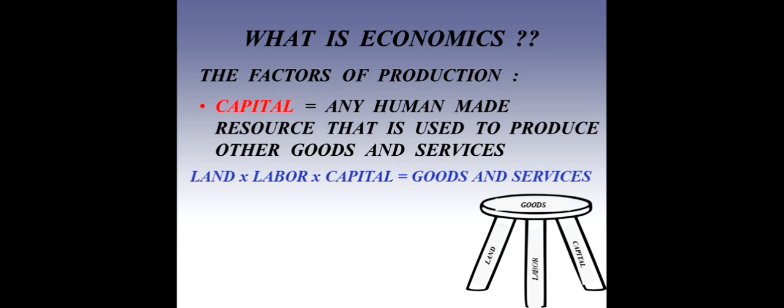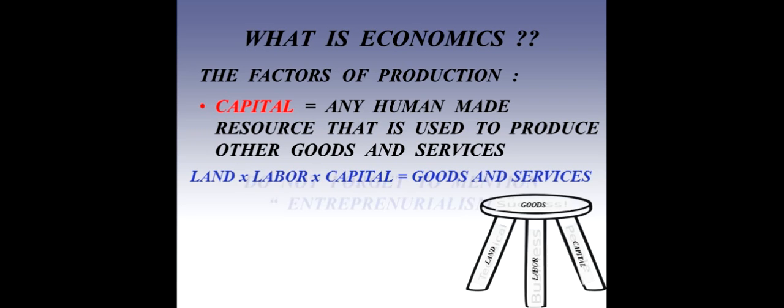Well, a three-legged stool has usefulness when the three legs are properly supporting the platform. And you can think of the factors of production, land, labor, and capital, as the legs of the stool that help us produce goods and services. It's a very simple illustration that helps to really define the importance of the factors of production.